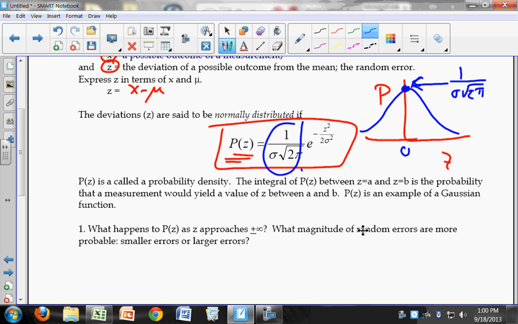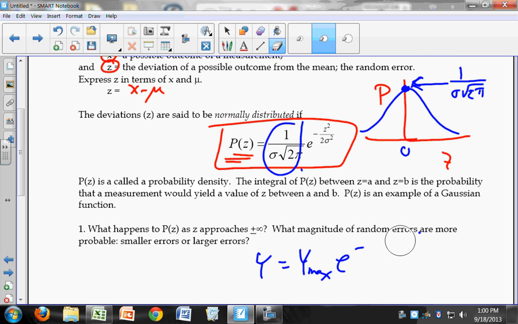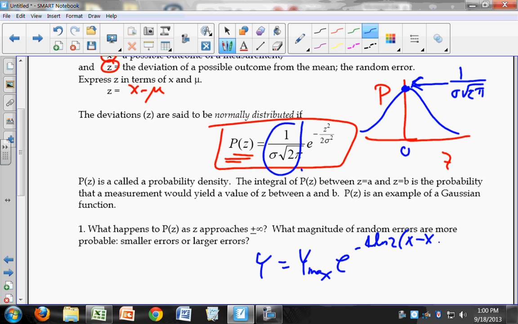And what was the generic expression for a Gaussian function? Y equals y max e to the minus 4 ln of 2 times x minus x center squared over FWHM squared, right?